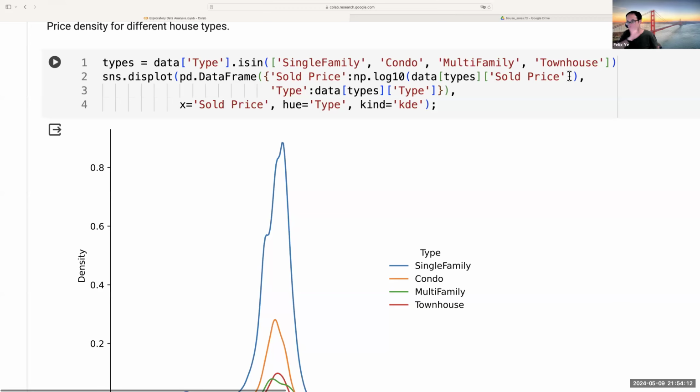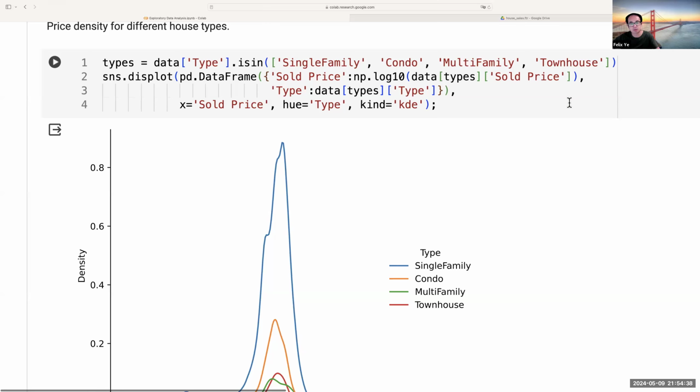You will find that once you take the logarithm, the distribution is more likely to be Gaussian. Previously, it might have had a long tail. After you take the logarithm, it very likely doesn't have the long tail anymore.